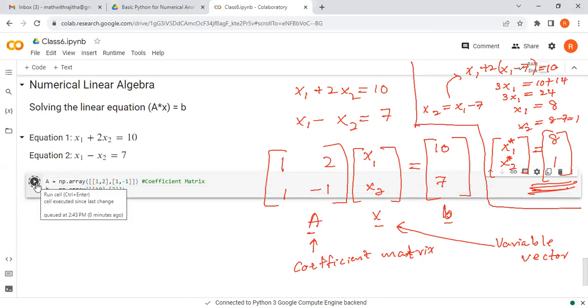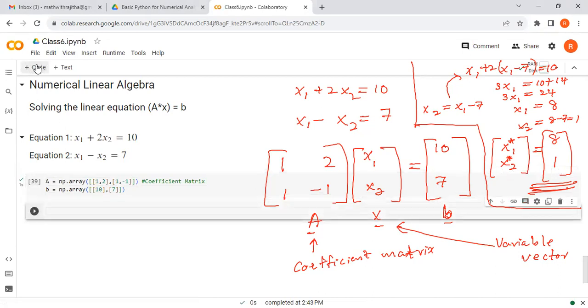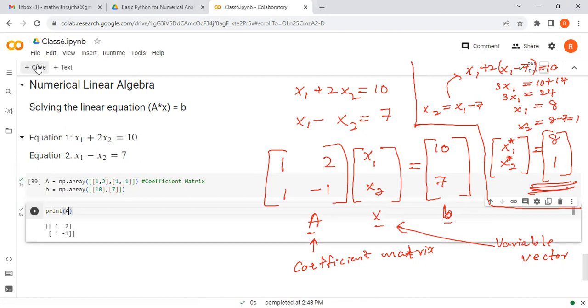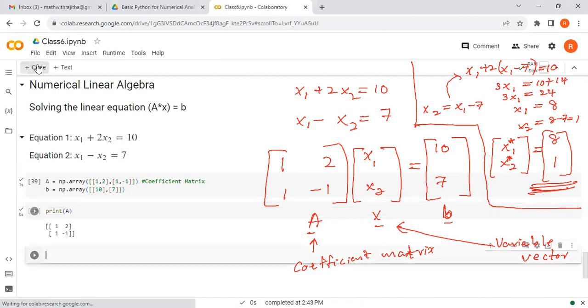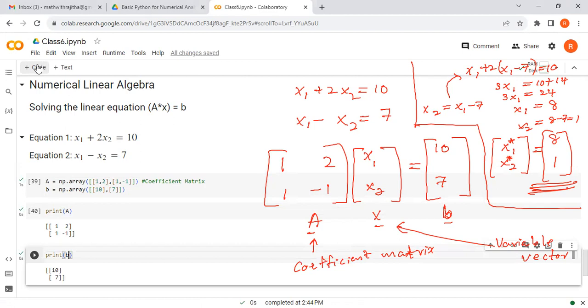We run that. Let me check if I have defined them correctly. Print A: 1, 2, 1, minus 1, correct. And print B: 10, 7, column vector, correct.